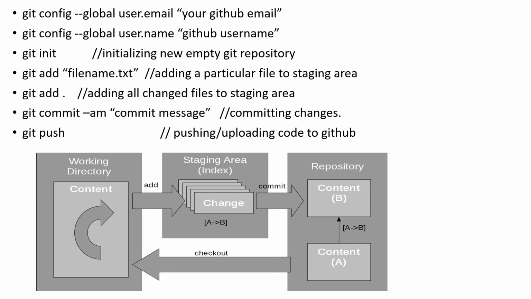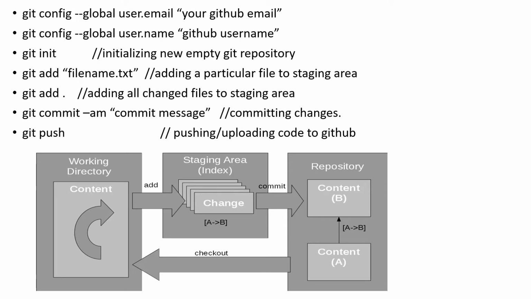So now once all the changes are added to the staging area, you can select what files that have been changed specifically to commit, or if you are confirmed that all the files that have been changed are okay and they have to be committed to the repository, you could also commit the whole bunch of files together to the repository. Now let's see what the first command says.